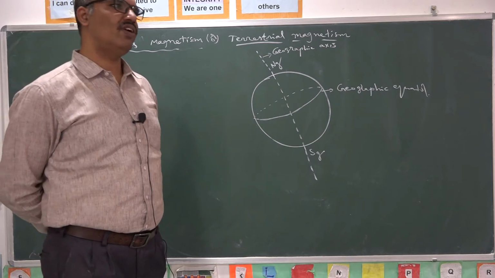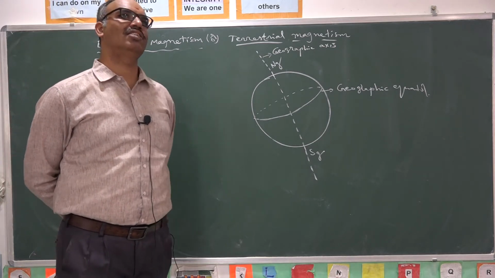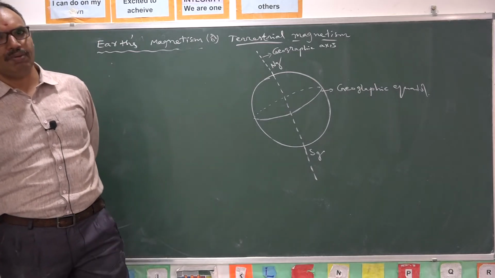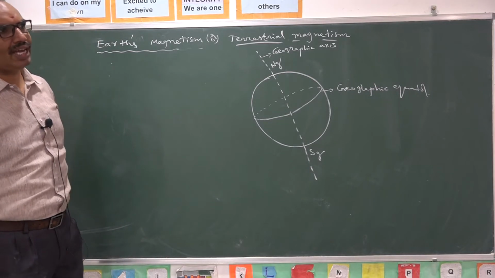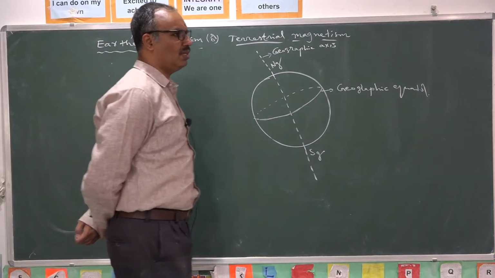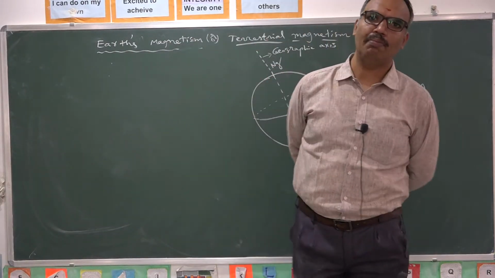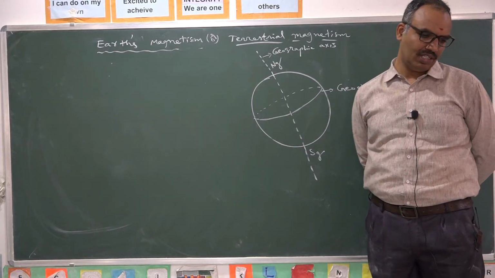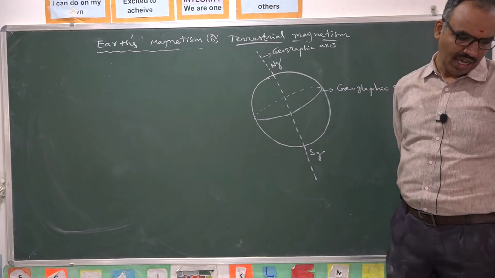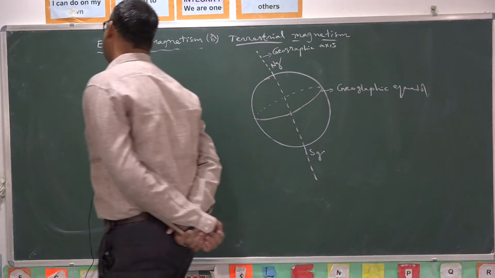The influence of Earth's magnetic field on every device cannot be neglected. So we should consider the magnetic behavior of Earth at a given place. To understand it, we need certain elements. Those elements are called elements of terrestrial magnetism.